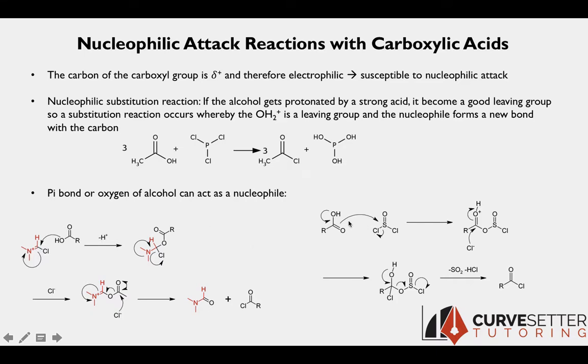And then you can also see here the pi bond is attacking this carbon here. So in nucleophilic attack reactions, most commonly you'll see the carbon, which is very electrophilic, being attacked by a nucleophile, but be aware that the pi bond or the oxygen of the alcohol can also act as a nucleophile and engage in nucleophilic attack.